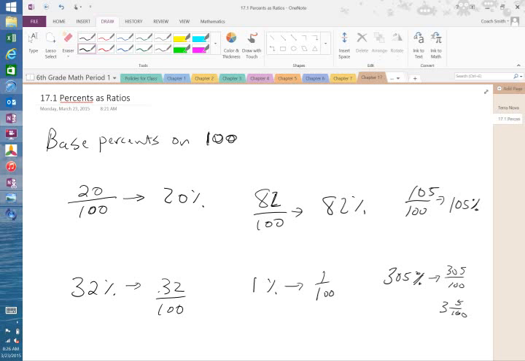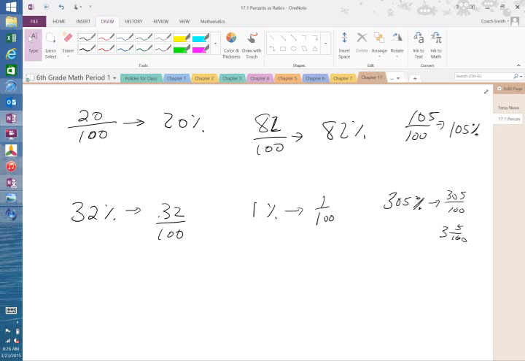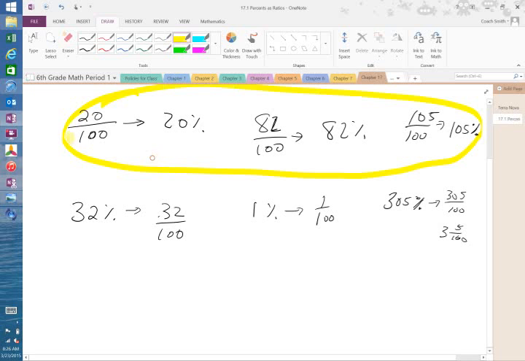Set it as a fraction or set it as a ratio. Now, the other way they're going to show this is this row right here. They will also show as 20 out of 100 or 82 out of 100 or 105 out of 100.